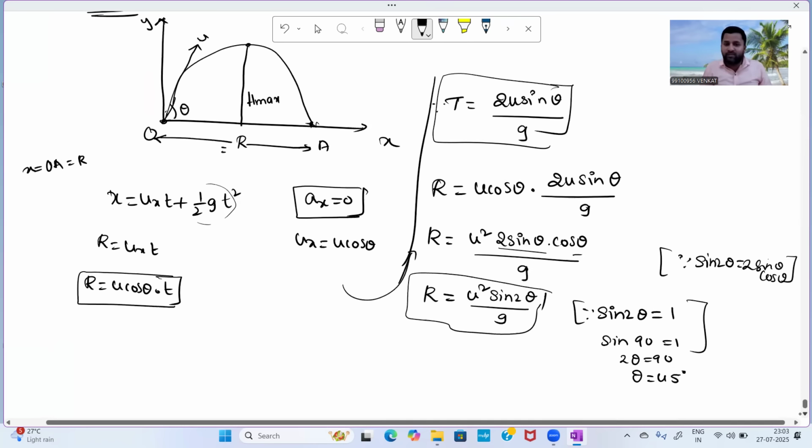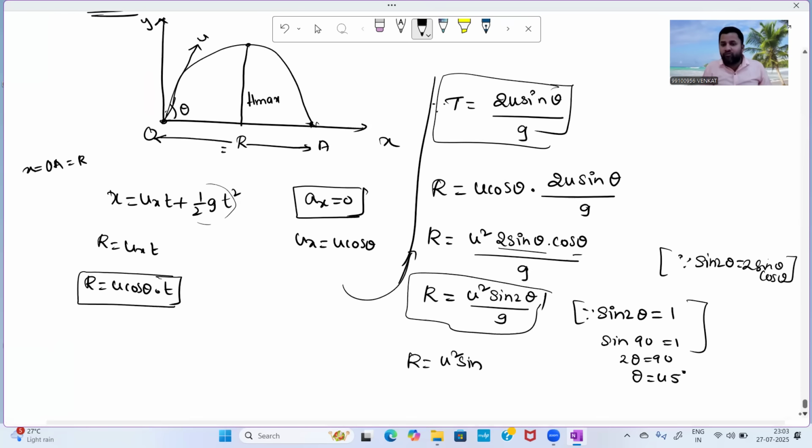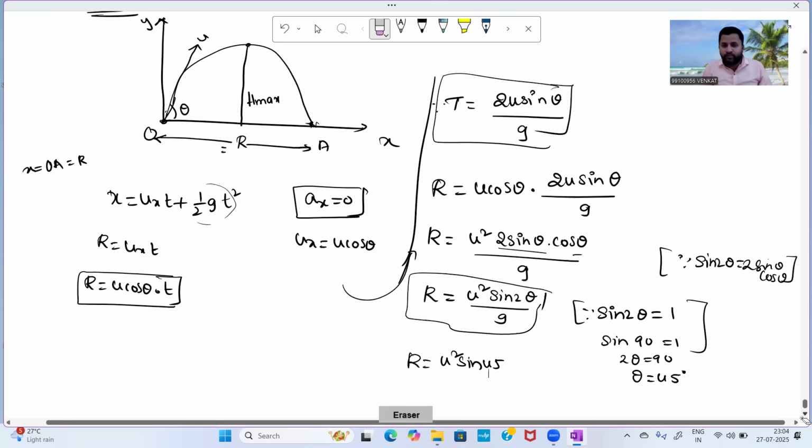We can substitute in this equation. Then R equal to u square sin 2 into 45 by g, which means R equal to u square by g. This is called the maximum range.